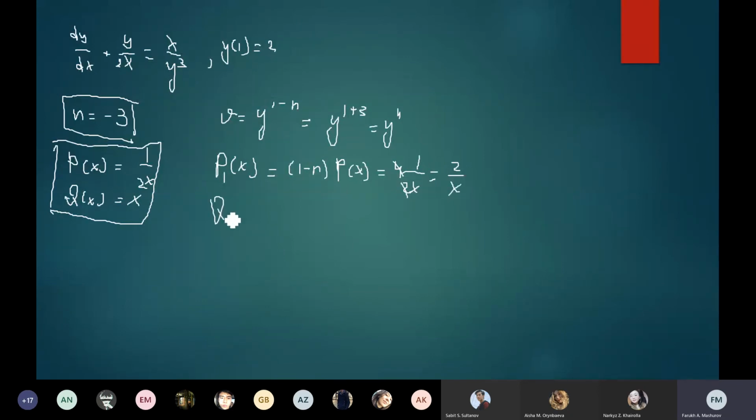What will be q1(x)? Again, 1 minus n is equal to 4 and q(x) is equal to x. It means that it is just 4x. So we need to write here dv over dx plus 2 over x v is equal to 4x. Is it clear, guys? Is it correct?